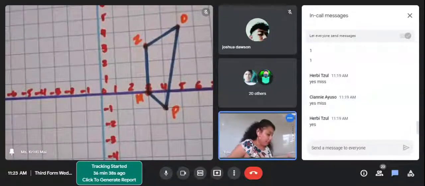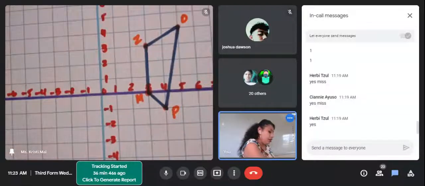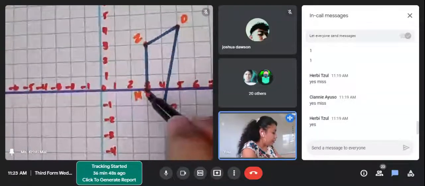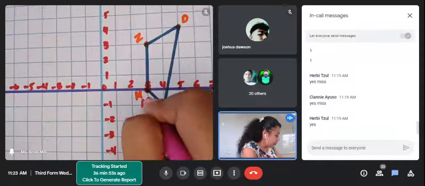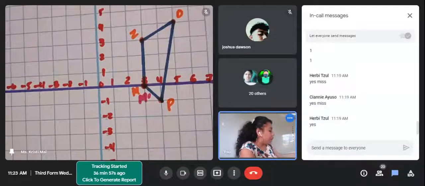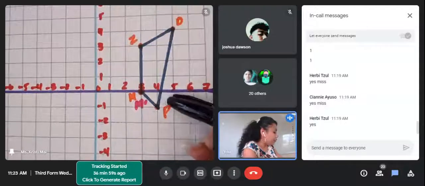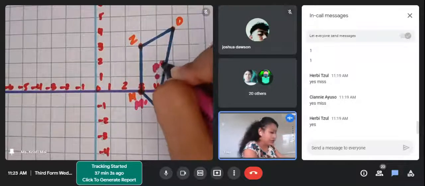Right? So now in this case, I take a look at the points. M is exactly on the same line, so M1 is going to be there as well. Same point. P is one space away, so I'm going to have P1 at the top.